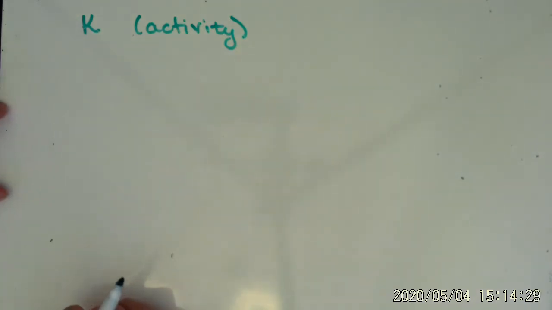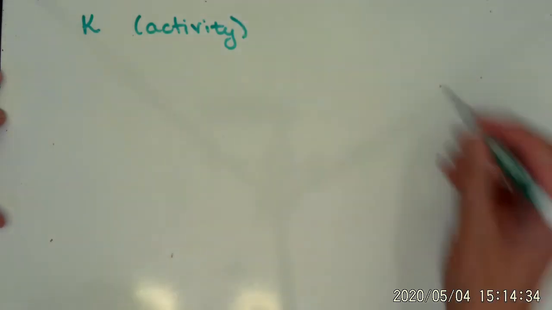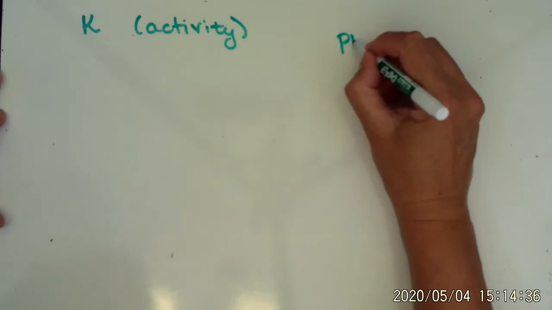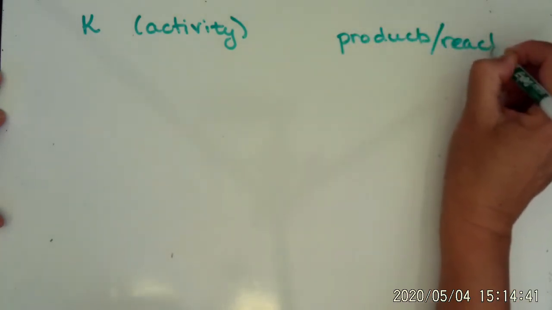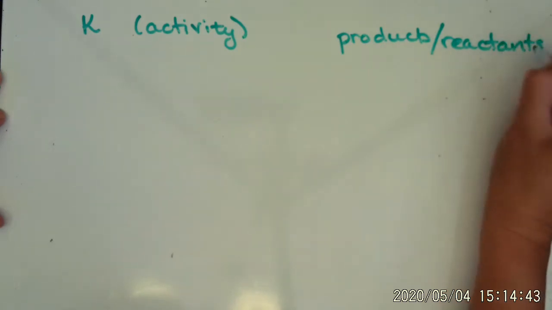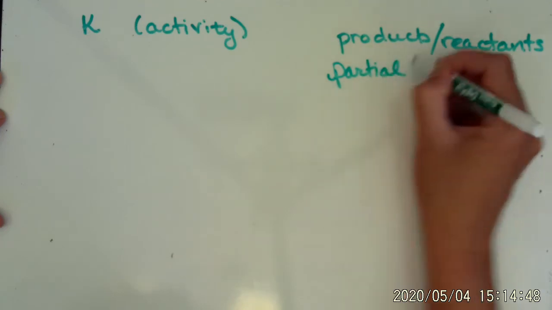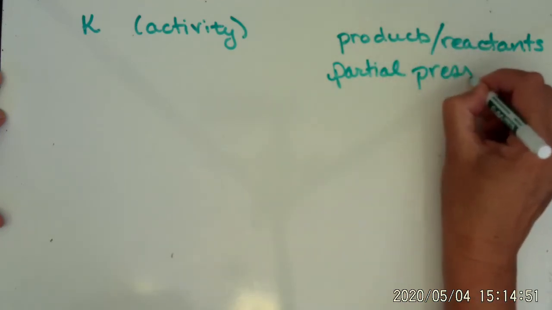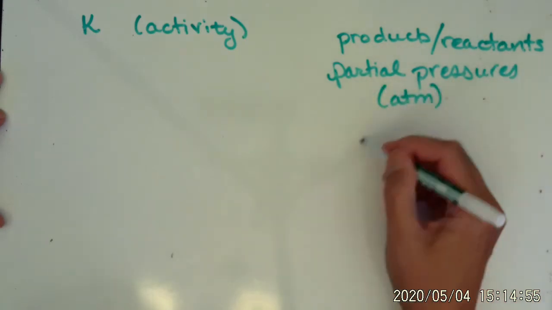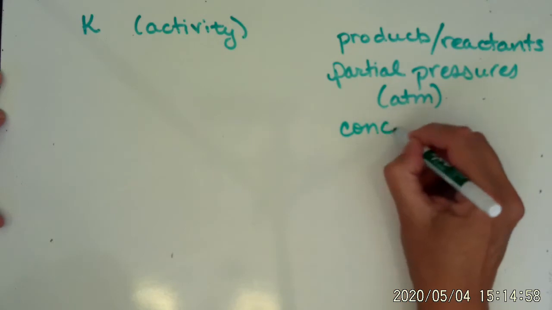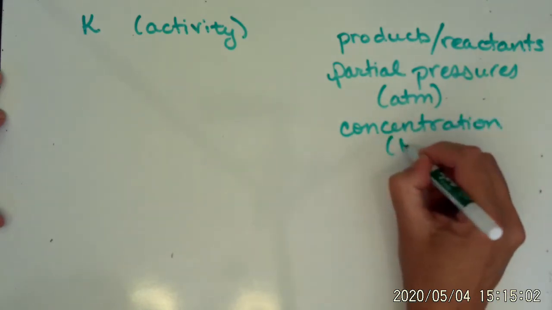So we have to keep track of everything. Now, when we look at K, our values for my products and my reactants can be partial pressures, which is going to be in atmospheres, and concentrations, which is a molarity.